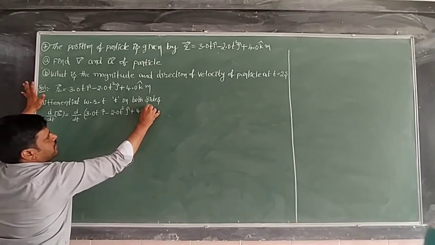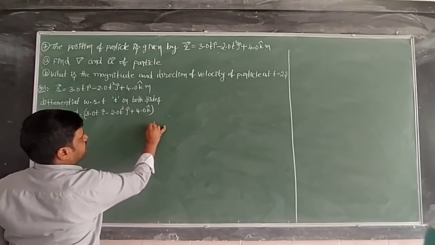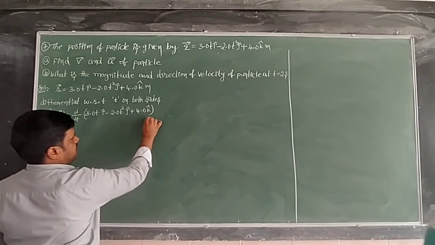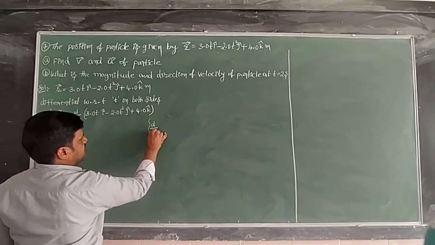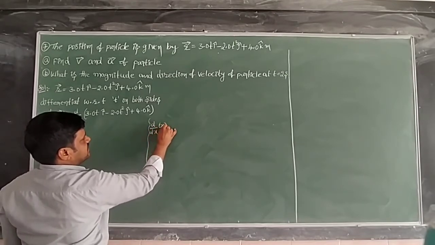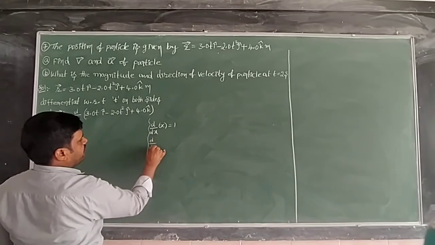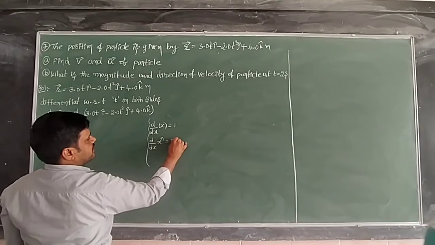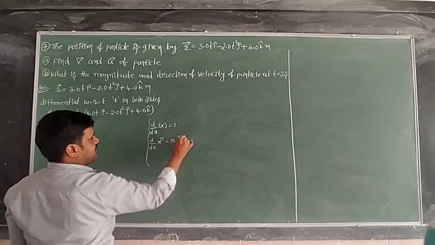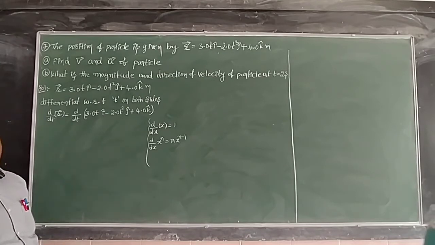Now, in differentiation there is a formula. d by dx of x is equal to 1. In a similar way, d by dx of x power n is equal to n into x power n minus 1. I will explain this in a simple way.